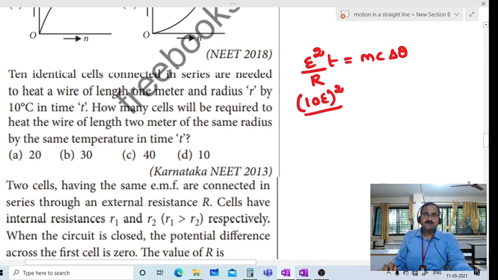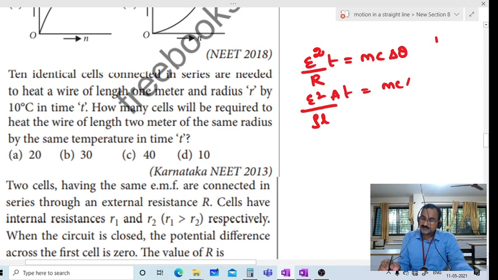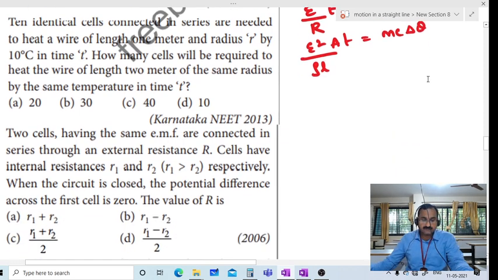So R is equal to rho L by A, and A will come to the numerator, equal to mc delta theta. Now I want to write the relation with the number of cells.